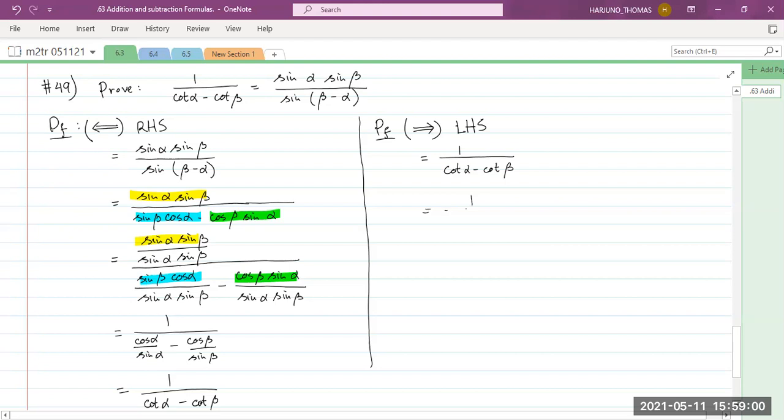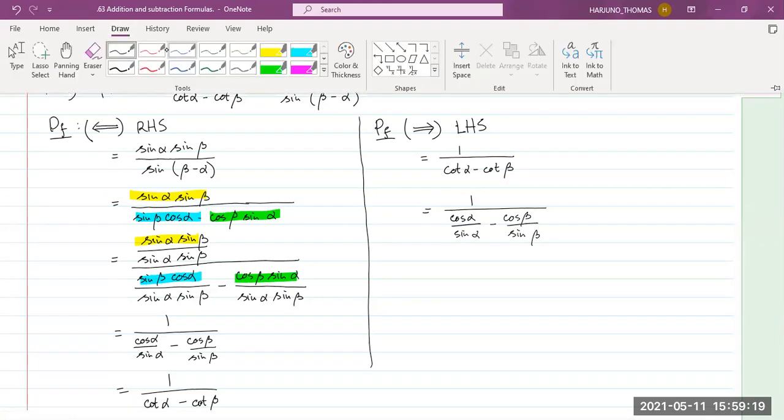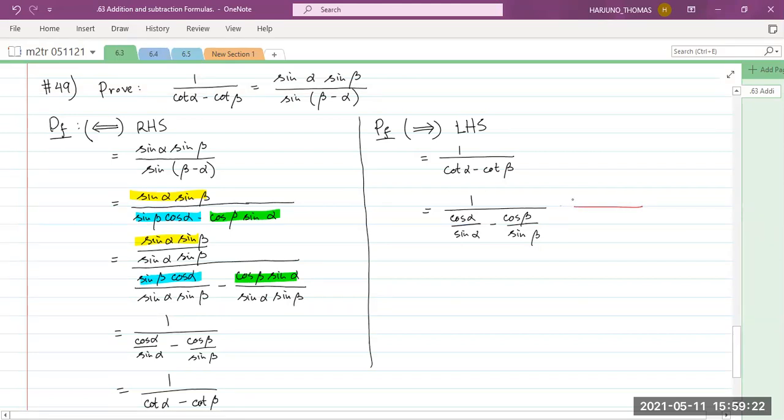This is 1 over cosine alpha over sine alpha minus cosine beta over sine beta. Then multiply the top and the bottom by the LCD, sine alpha sine beta.